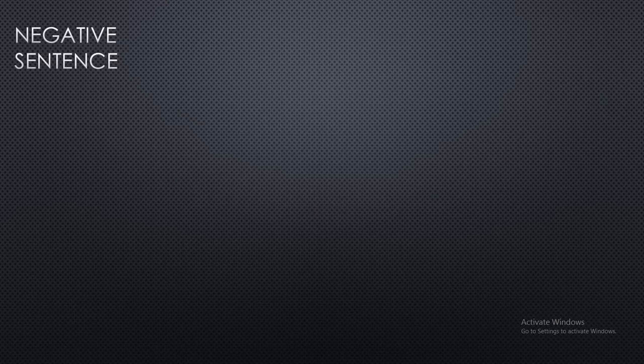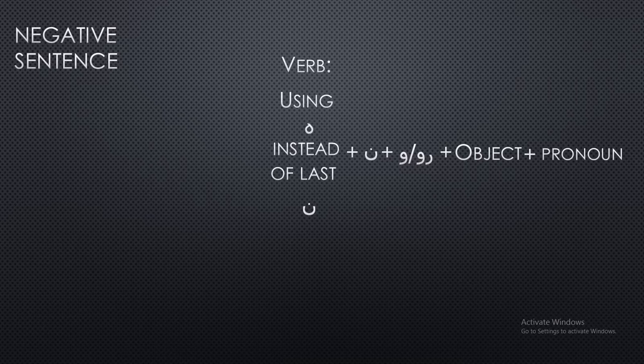For negative sentences, we use the pronoun at first. After that, the object. After that, ro or ve if we are talking about an object in particular. I mean, if we mean a specific object. After that, we use ne before the verb, and for the verb we use he instead of its last name.